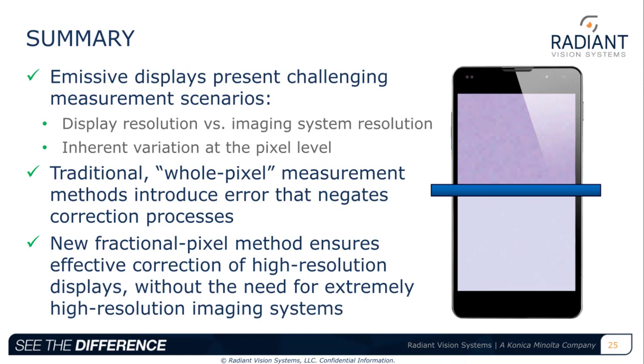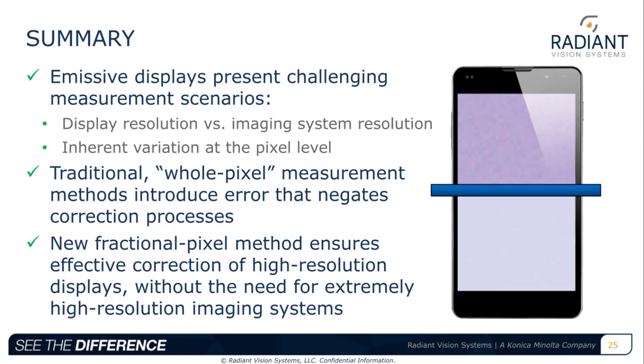Traditional pixel registration and measurement methods were developed for large format LED display measurements. These measurements took hours because they were measured in sections, so that the sensor pixel ratios were very high compared to the display pixels. When used for correcting OLED cell phone displays in a single measurement, these methods are inadequate.